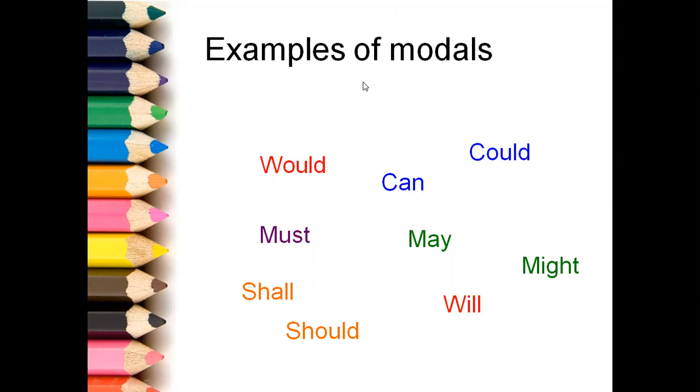Other than these, sometimes there are some other modals like have to, need to, ought to, which are also partially called modal verbs in English.